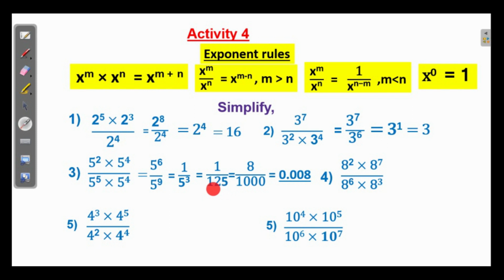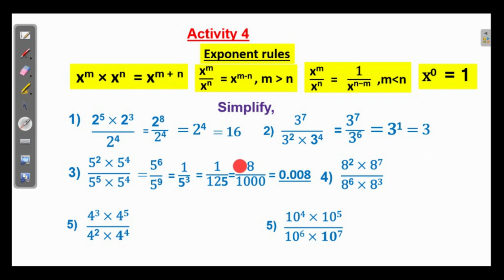Here 125. 125 into 8 is equal to 1000. And the numerator also multiply by 8. So 8 by 1000. Then we can move this point. The decimal point is after this 8. Seeing 1 0, this decimal point would jump one place to the left.